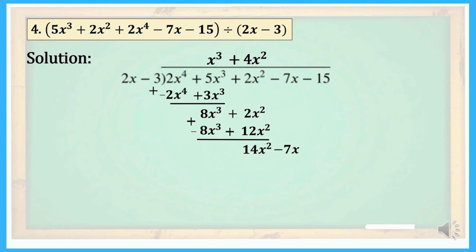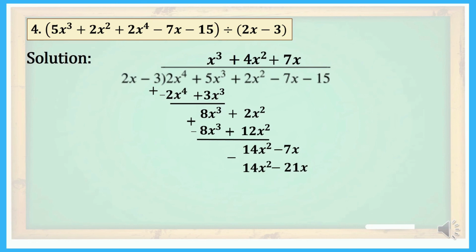Bring down negative 7x. 14x squared divided by 2x is positive 7x. 7x times 2x is positive 14x squared, and 7x times negative 3 is negative 21x.